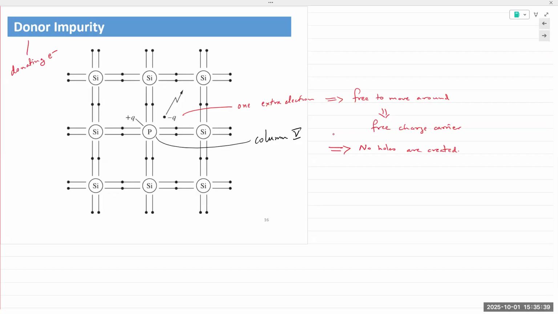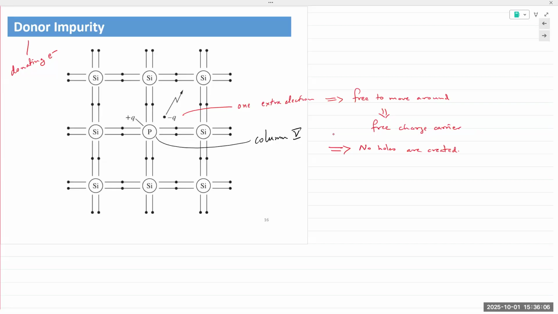And then one more thing that is happening is, because the electron has now left its atom, it leaves behind an extra positive charge that is bound in the nucleus of that atom, which is now fixed in place.